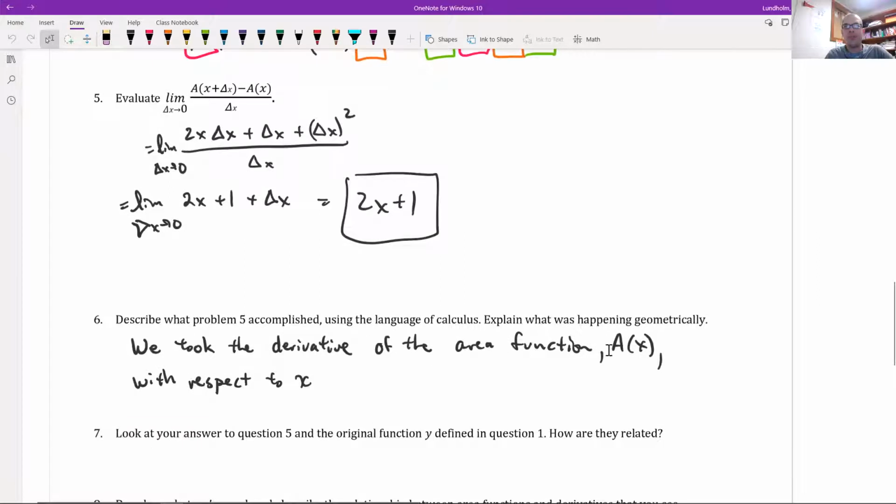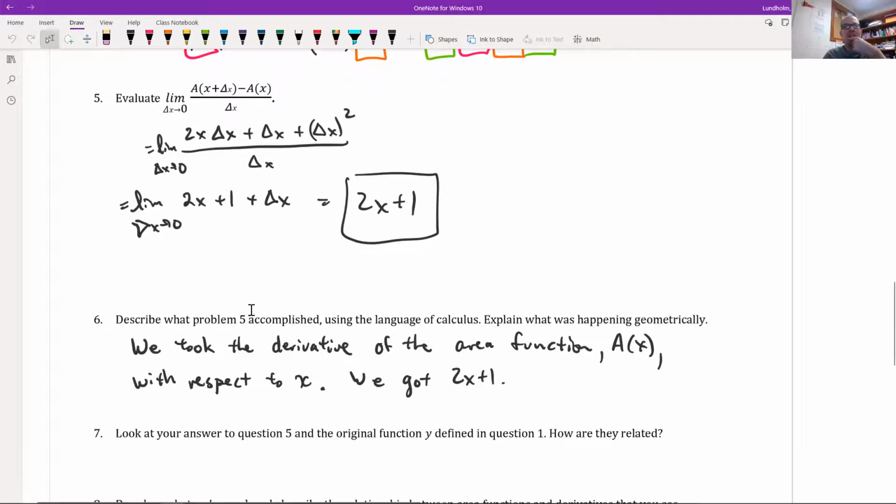So we took the derivative of the area function A of x with respect to x. We got 2x plus 1 as an answer.